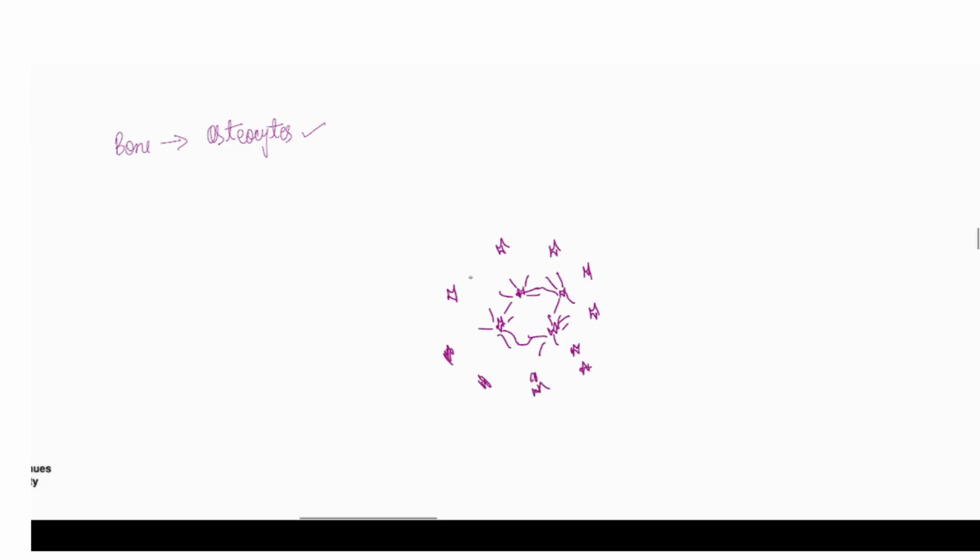I'll show you like this, it would be better for you to understand. And one more layer I will show you, so it would be easy for you to understand the previous diagram.